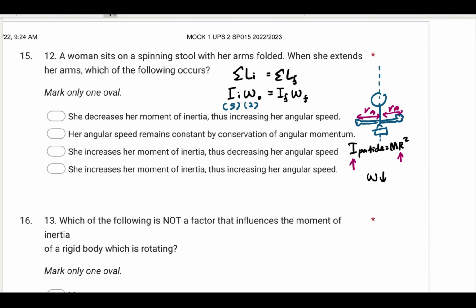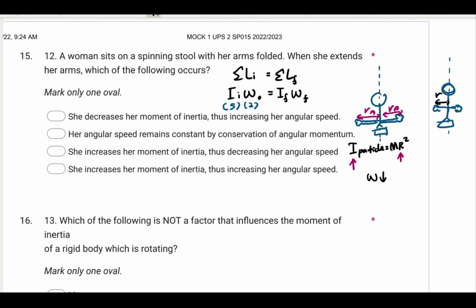Now what happened when she folded her arms? Shorter like this, she brings her arms close to her chest.